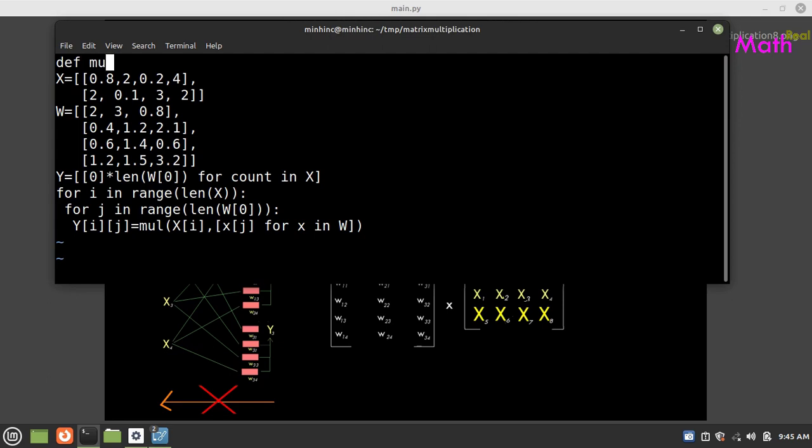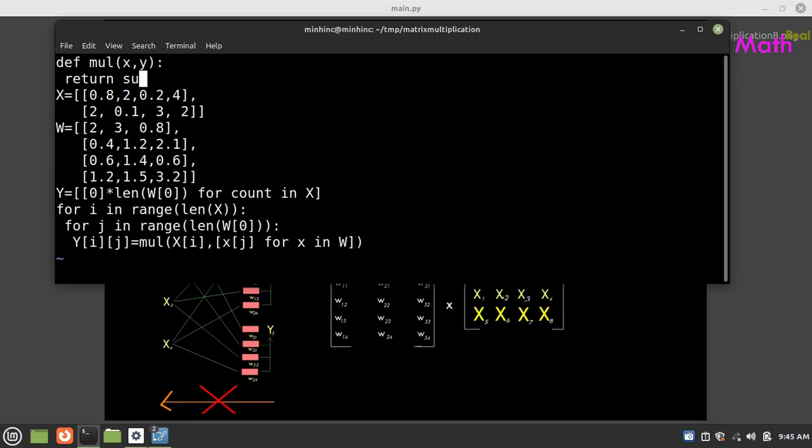def mul, it will take two arrays and it would return the sum of x count into y count for count in range length.